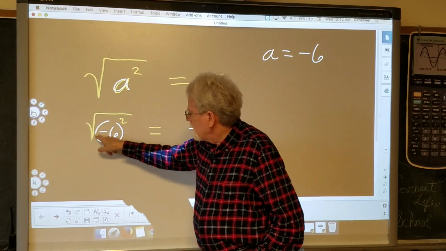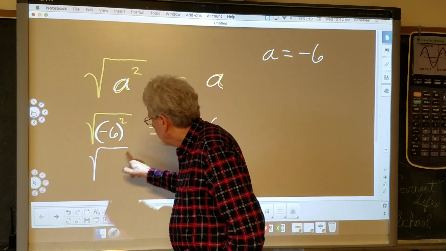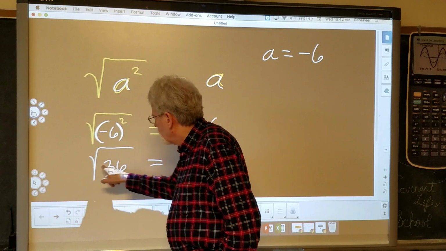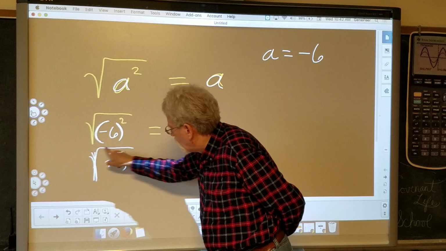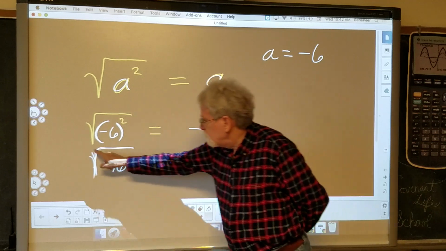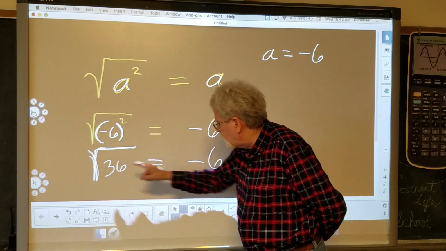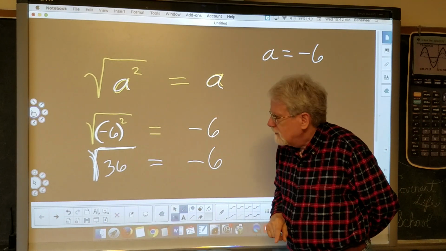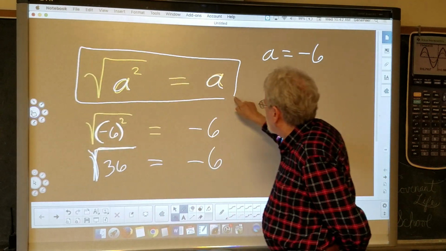Well, what's negative 6 squared? Of course, positive 36. Is the square root of 36 equal to negative 6? If this means the principal square root, the positive square root, is the positive square root of 36 equal to negative 6? Well, no, that's silly. It's not true. So this statement is not always true.